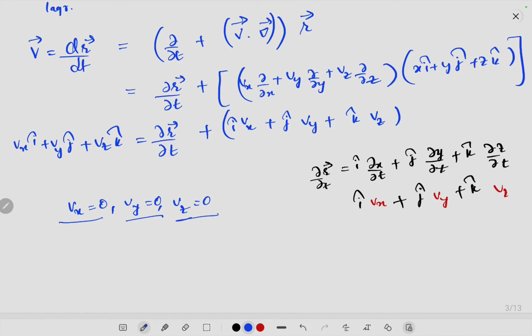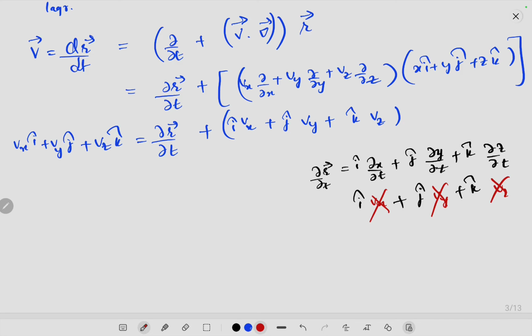So then why am I getting Vx, Vy and Vz 0? So the answer to this is that what I wrote, del x by del t equal to Vx and del y by del t equal to Vy and del z by del t equal to Vz, this is wrong. And that's why these are non-zero.